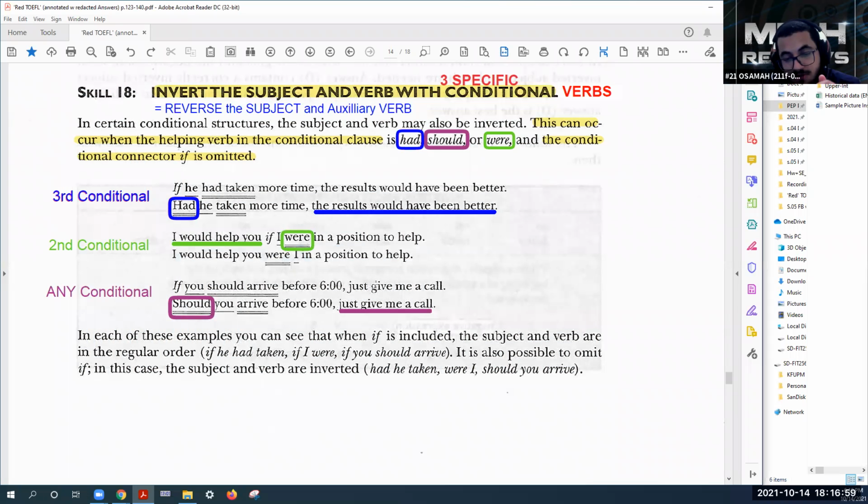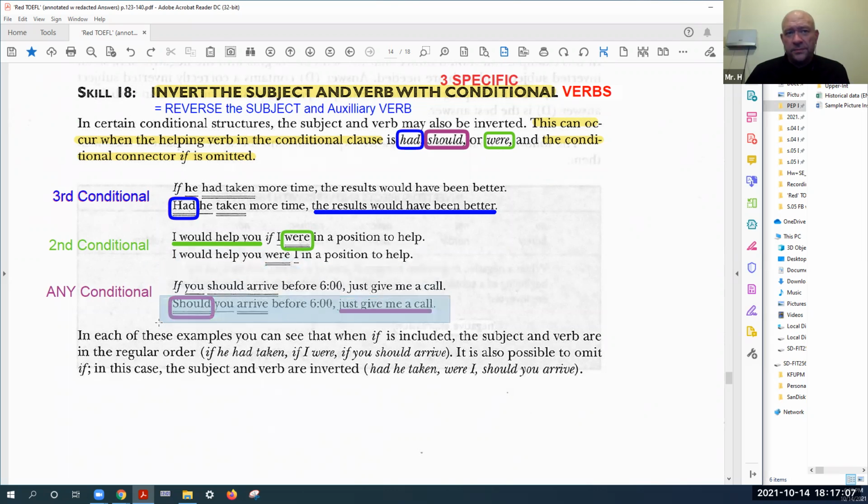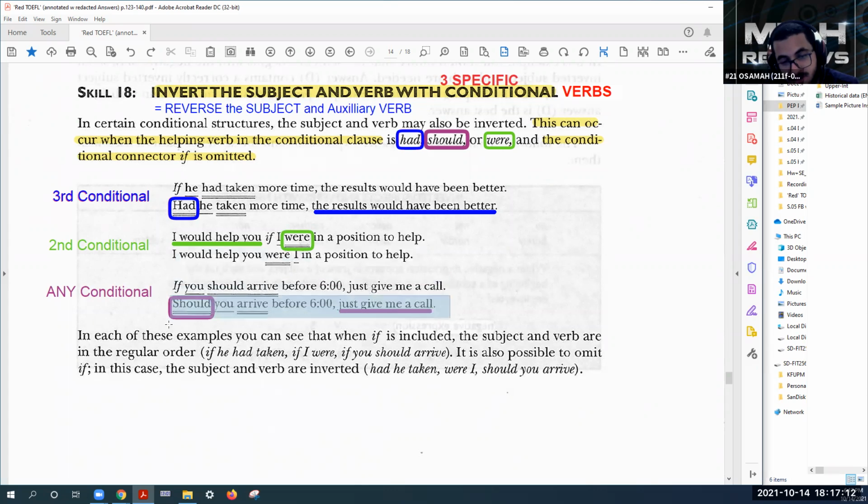If you should arrive before 6, just give me a call. Should you arrive before 6, just give me a call. What's the difference? We inverted the subject and the auxiliary. And what about the if connector? I removed it. The if connector is gone, right?